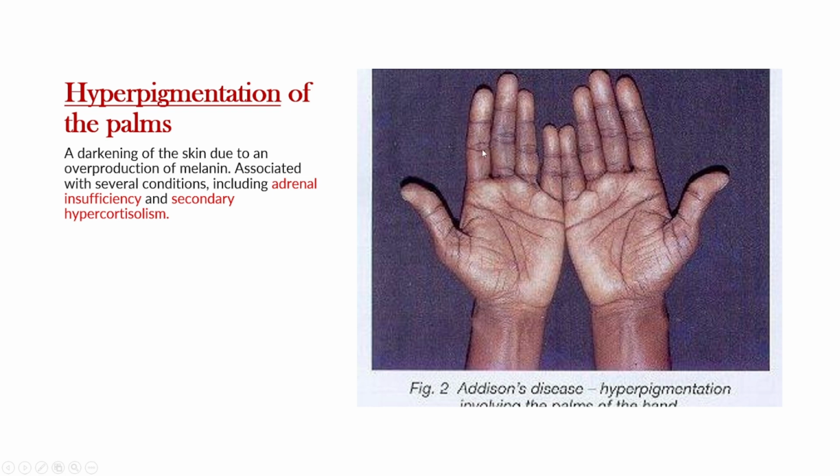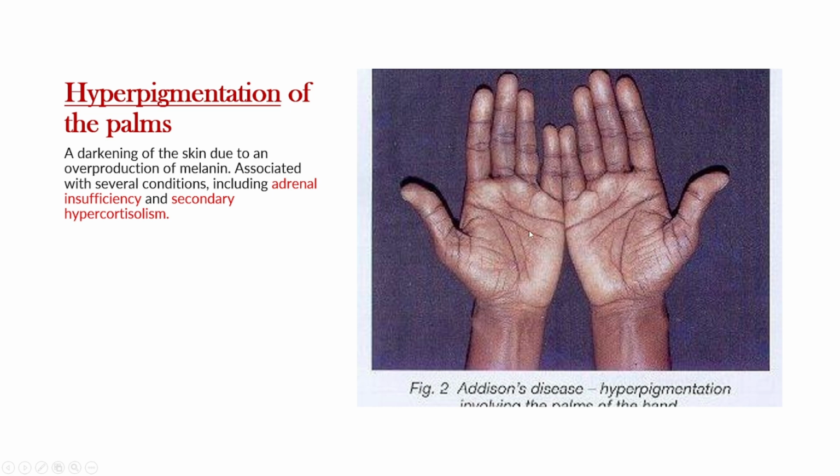So the second condition we will have is hyperpigmentation of the palms. So we will have darkening of the skin of the palms, as we can see in this picture. The reason will be adrenal insufficiency or secondary hypercortisolism. So the most common one, to be honest, is adrenal insufficiency, just like Addison disease, in which we will have a very low cortisol level in the body.